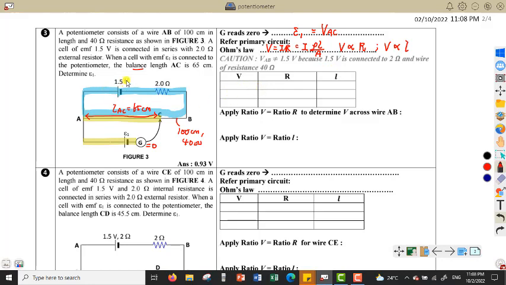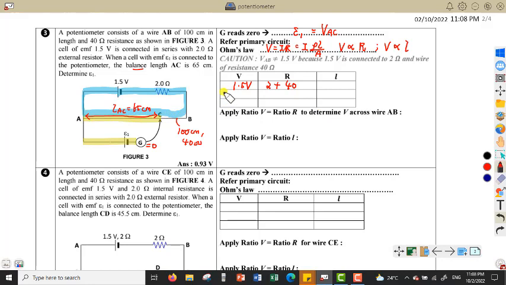So we start from the driver cell in the primary circuit. So our voltage 1.5 volt in the primary circuit is given, or it will be divided between the 2 ohm resistor and also the whole wire 40 ohm. So we have 2 plus 40. Okay, then we focus on the whole wire.